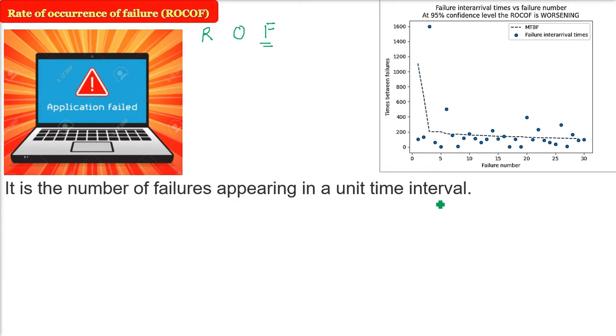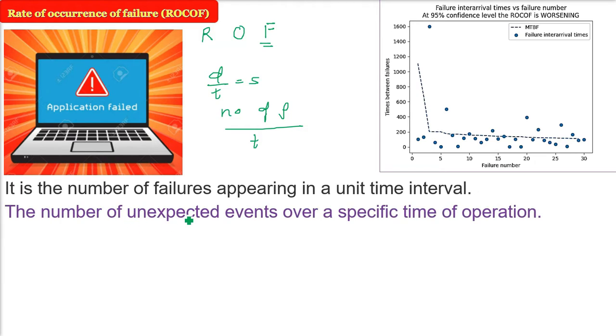For example, distance over time is speed, the rate of change of distance. Similarly, this is the rate of occurrence of failure: the number of failures divided by the unit time interval.